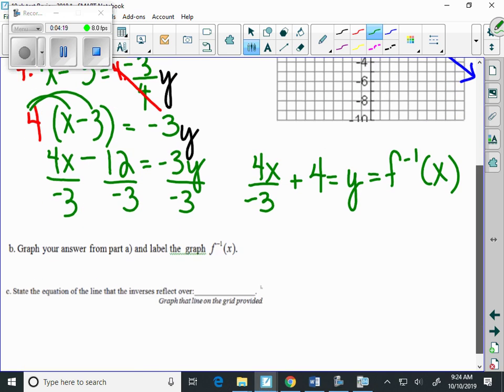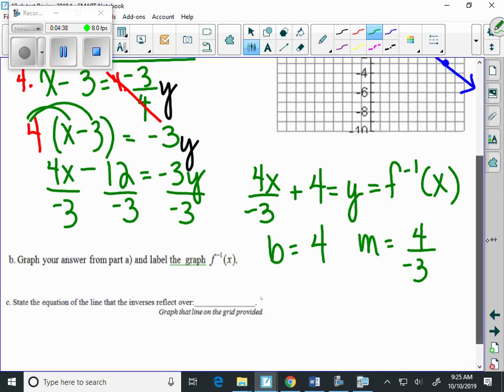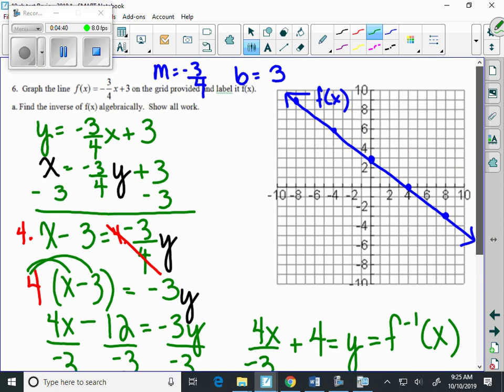But now we're going to graph this, because it says graph your answer from part A and label the graph f of x, f to the negative 1 of x. So our y-intercept in this graph is 4. Our slope is negative 4/3. So we're going to start over here with 4.